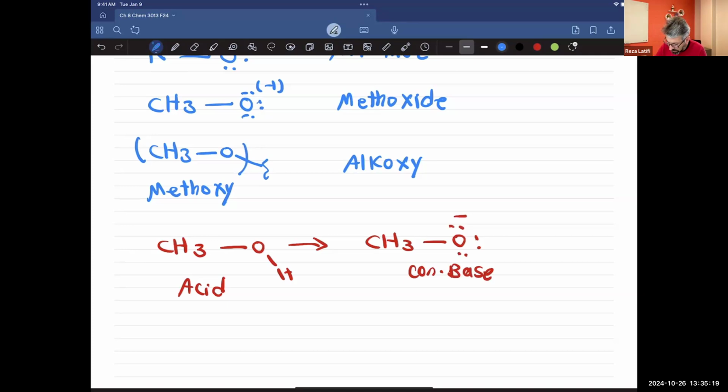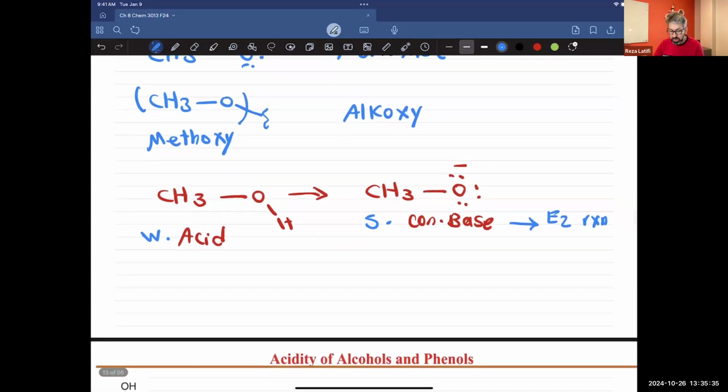This is a strong base, because we started with a weak acid. If it's a strong base, it can handle an E2 chemical reaction, so it will be a strong reagent for an E2 chemical reaction. Also, because it has a negative charge, it will be a strong nucleophile. And if it's a strong nucleophile, it can easily handle SN2 chemical reactions.